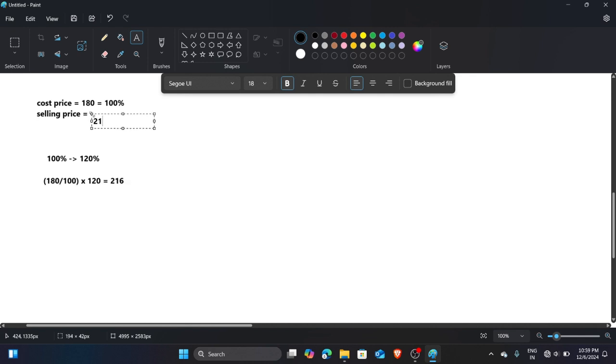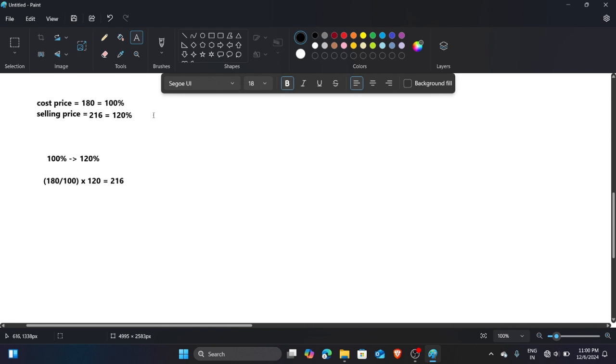216, after increasing by 20%, after selling at 20% profit. So you got a little bit of an idea of it. When you study profit and loss again from the basics, you will get what I'm trying to say. I'm just giving the example of percentage, which is its use in real life or in business. This is when you get a profit of 20%.